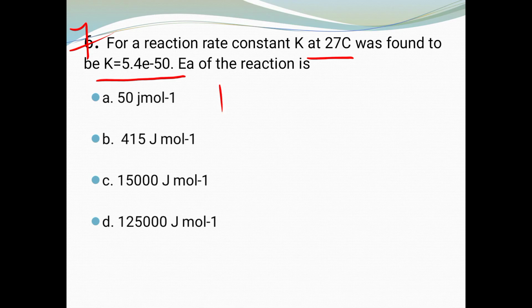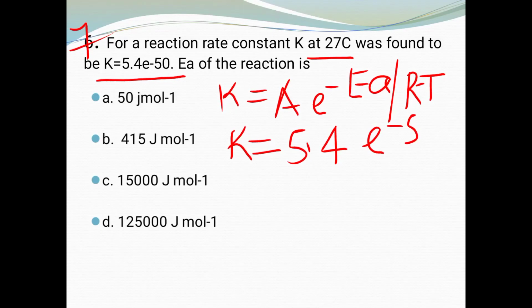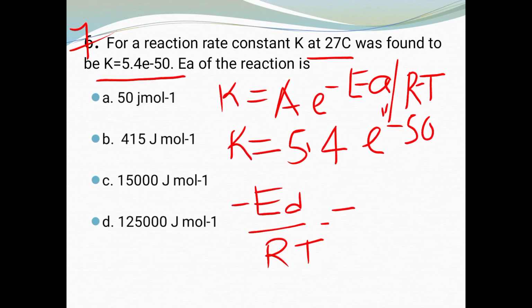So you need to first write the equation K is equal to A e raised to minus EA upon RT. And your K in the question is 5.4 e raised to minus 50. So you can equate both these parts. So it will become minus EA upon RT is equal to minus 50.